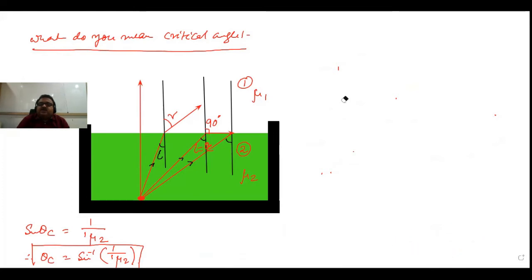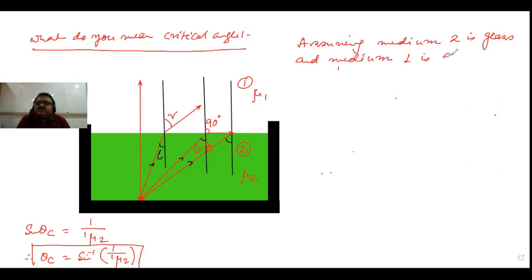Assuming medium 2 is glass and medium 1 is air, then what will happen? Remember, absolute refractive index of glass is 3 by 2.